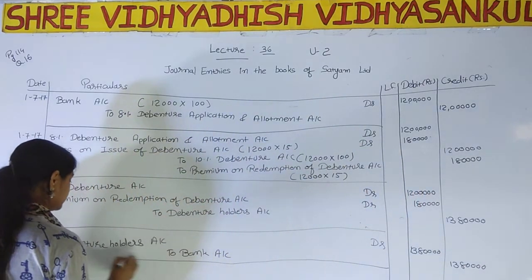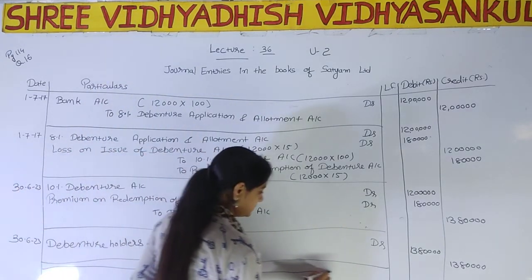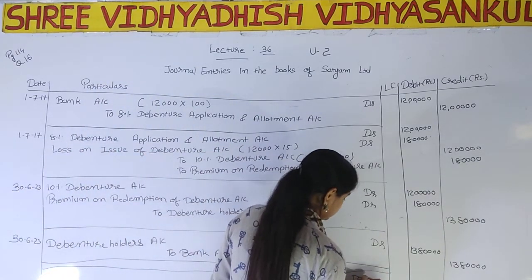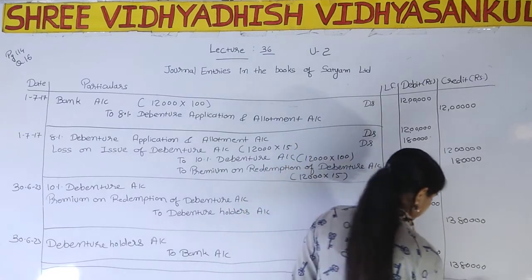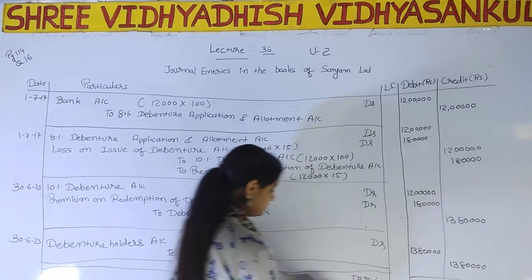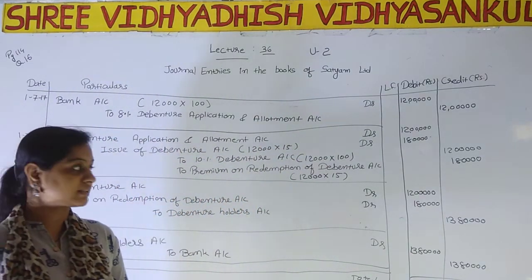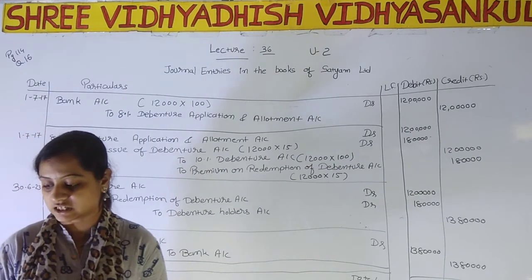Underline. Here we have completed this sum, so do the total. Again underline, write here the word total, and you have to do the total by yourself, right? Hope you guys are clear with this sum, right? Write it down.